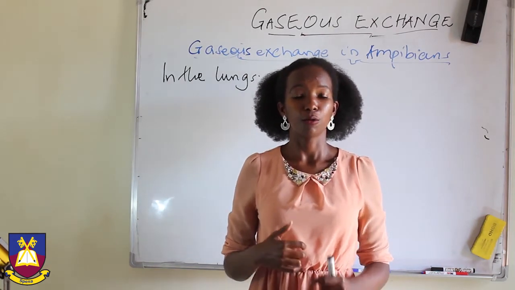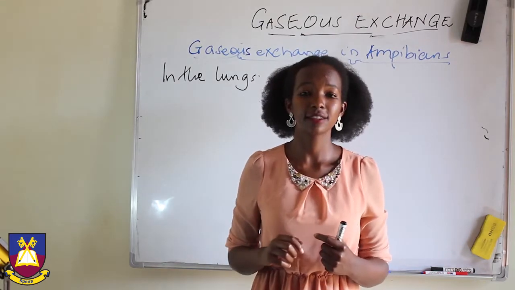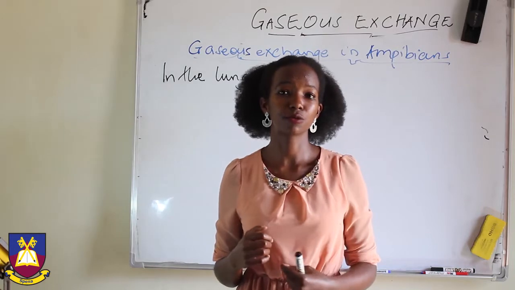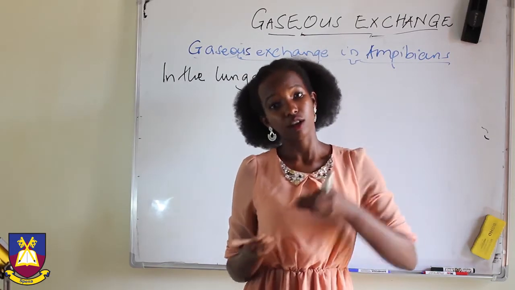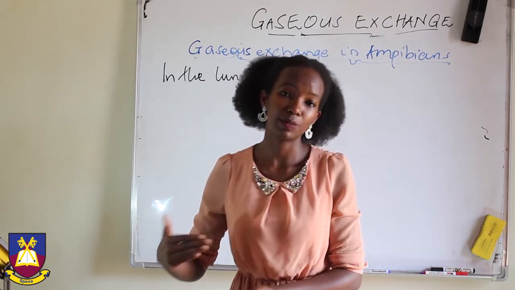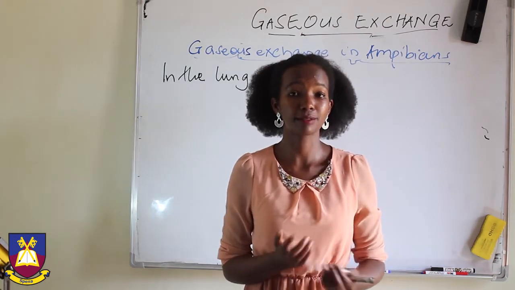Okay. Now, when the air reaches the lungs, gaseous exchange takes place across the alveoli, so that oxygen from the air goes to the blood, and carbon dioxide from the blood enters this air that's within the lung space.